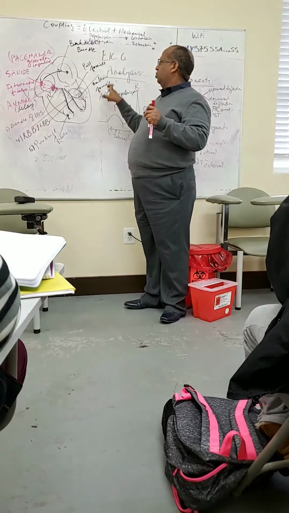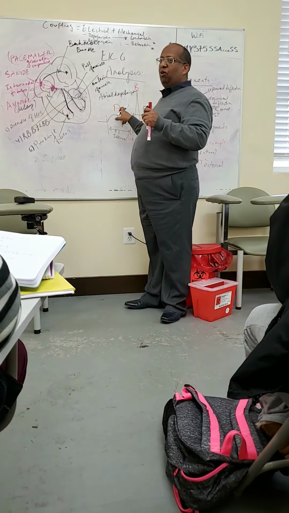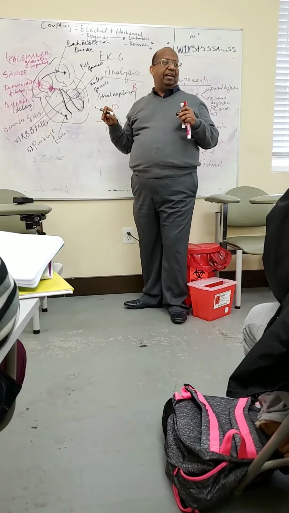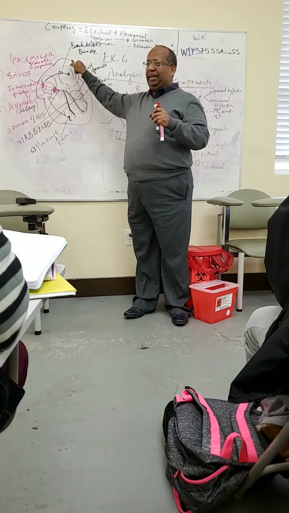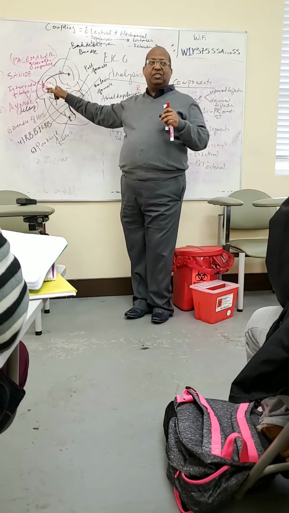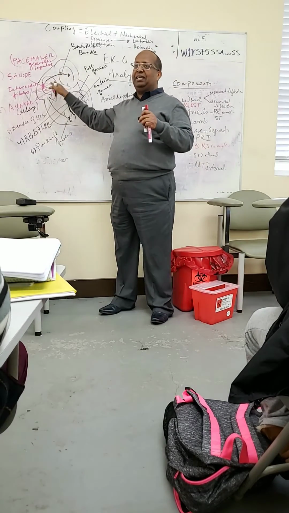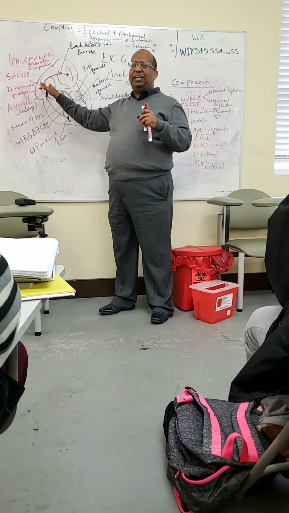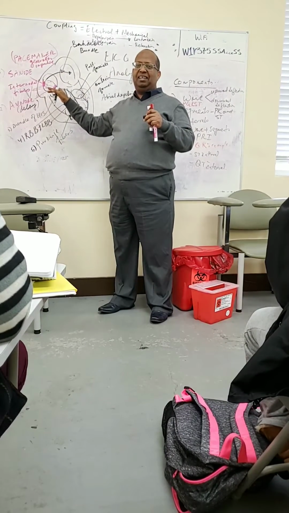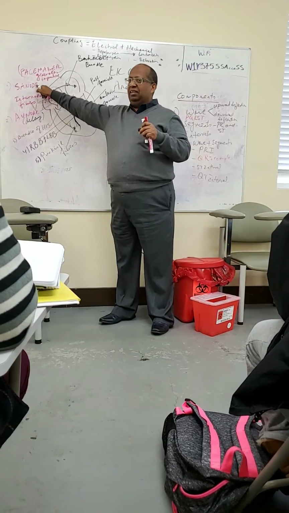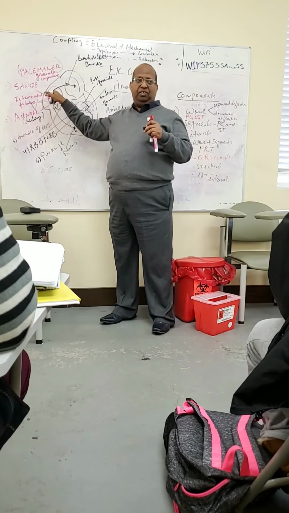So P wave always shows me any condition about the atria. And how do the atria depolarize or contract? How do they get the impulse? They get it from the SA node. Remember how we discussed?